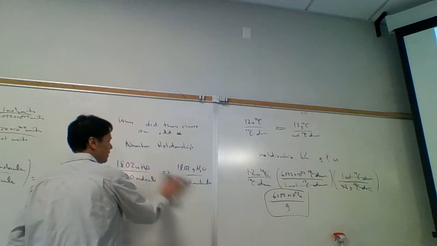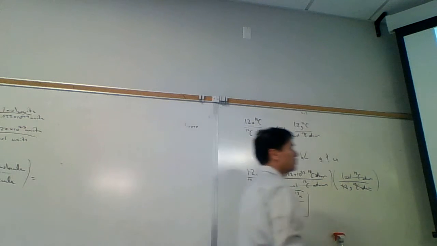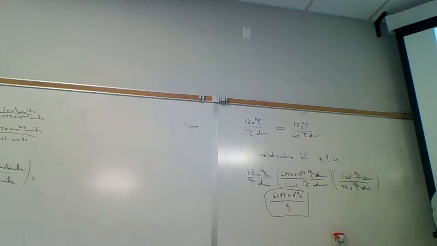How many sig figs are we allowed in the answer? They have 4 sig figs here in the answer, but are we allowed 4 sig figs? How many sig figs are we allowed? Just 2. They didn't bother.